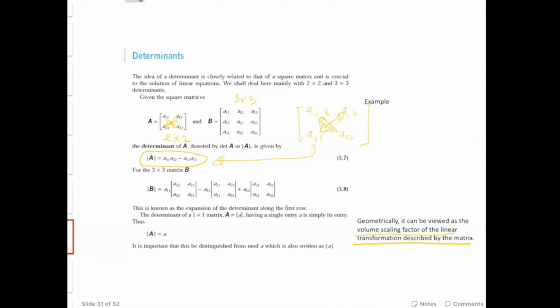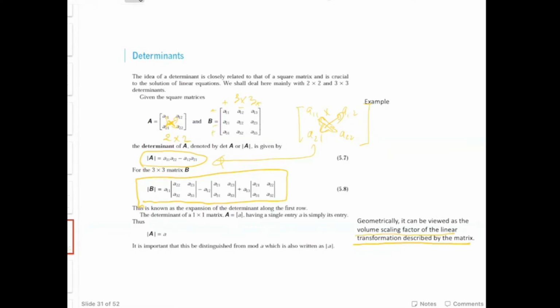For a 3 by 3 matrix, the determinant is computed as given here. The easiest way to remember is to use the sign pattern. We learned this technique last time. If we want to find the first element, we will have plus, minus, plus, plus, minus, plus.